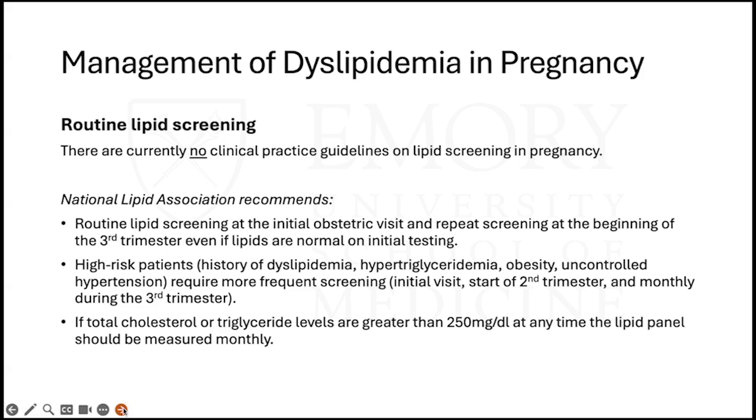And then regardless of risk, if at any point the total cholesterol or triglyceride levels are greater than 250 milligrams per deciliter, a lipid panel should be measured monthly thereafter. And so this is the maternal supraphysiologic hyperlipidemia that I was talking about earlier.